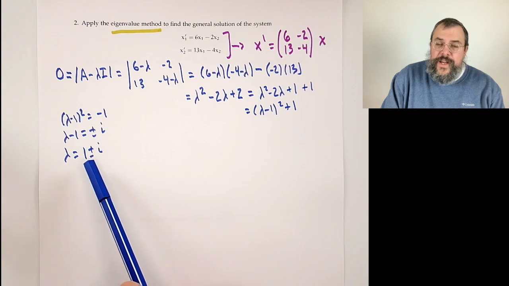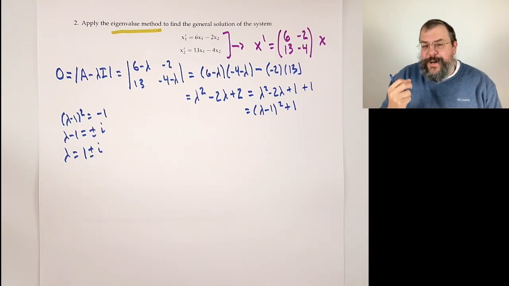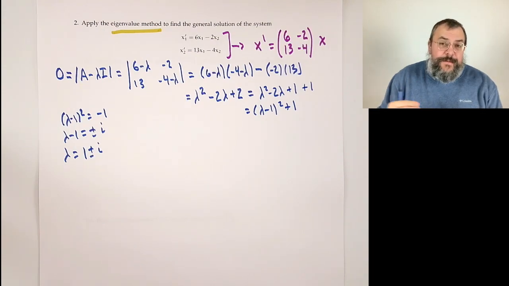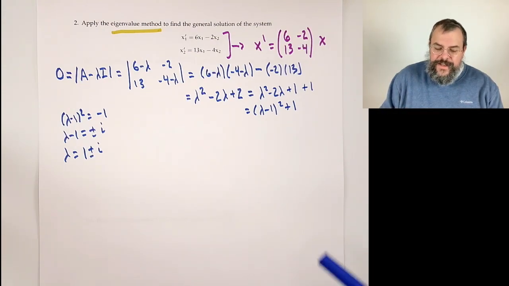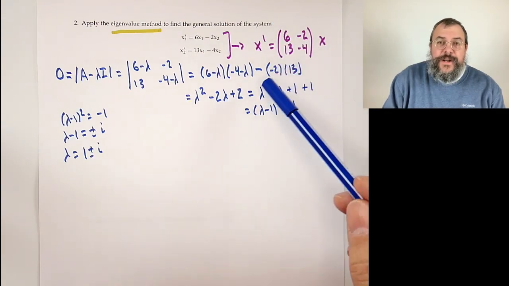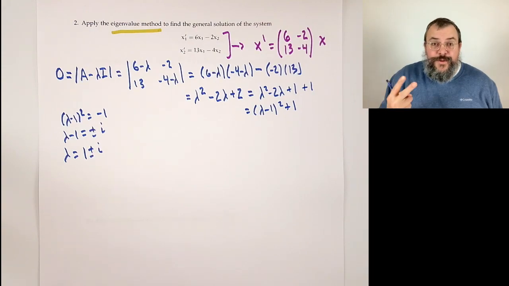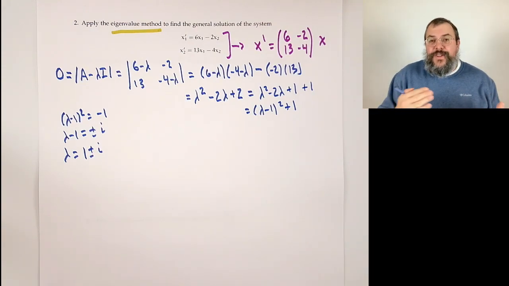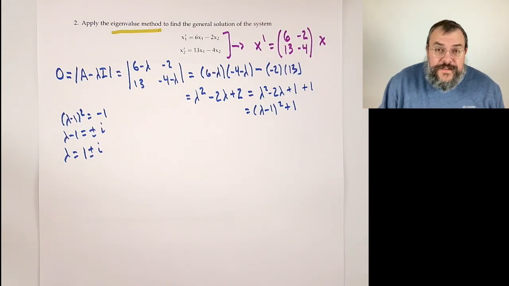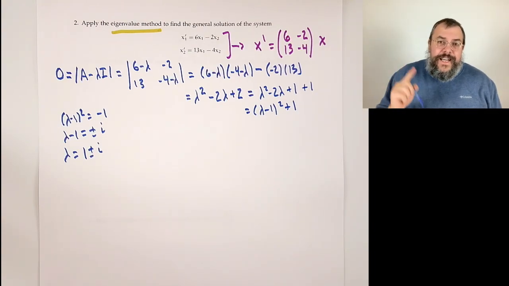If you multiply 1 plus i times 1 minus i, what do you get? That's a little hard to do in your head sometimes if you're not used to complex numbers, but you get 2. What's the determinant of this? Minus 24 minus minus 26 makes it 2. So those are ways to check, hey, do I have the right numbers? Yeah, it's nice to check. Okay, so eigenvalues are done.